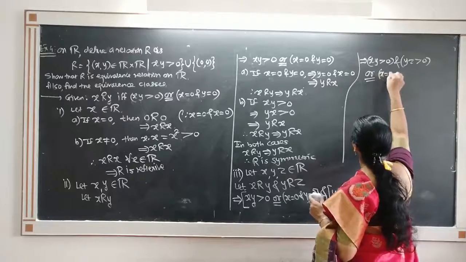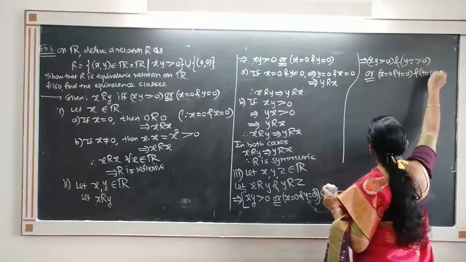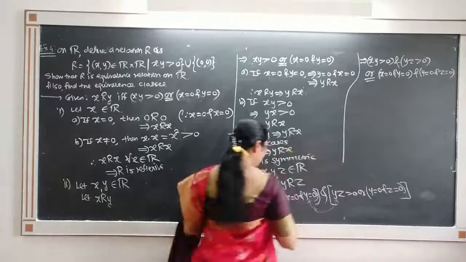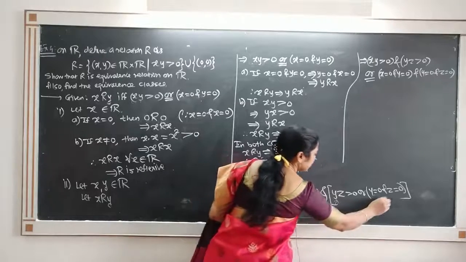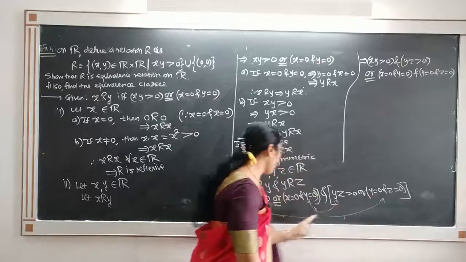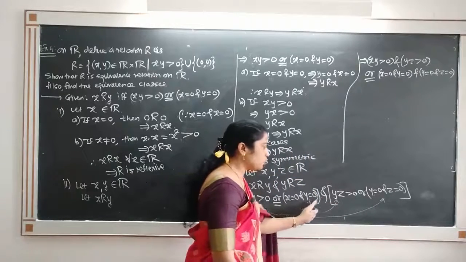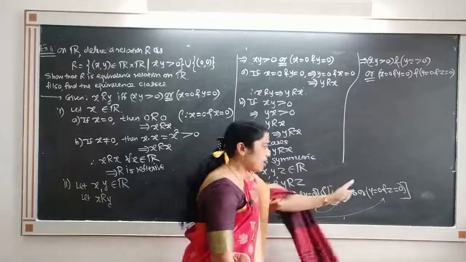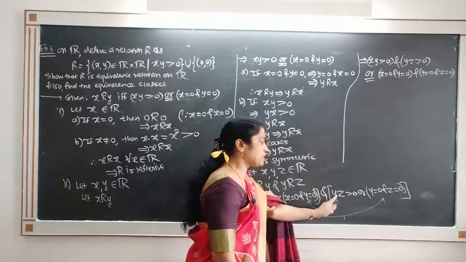x equal to 0 and y equal to 0 and y is equal to 0 and z is equal to 0. Observe what we are saying. The first and last will not happen simultaneously, because if we say that y is equal to 0, xy cannot be greater than 0. If we say that y is equal to 0, yz cannot be greater than 0. So first and last cannot happen simultaneously, and the second and third will never happen simultaneously.